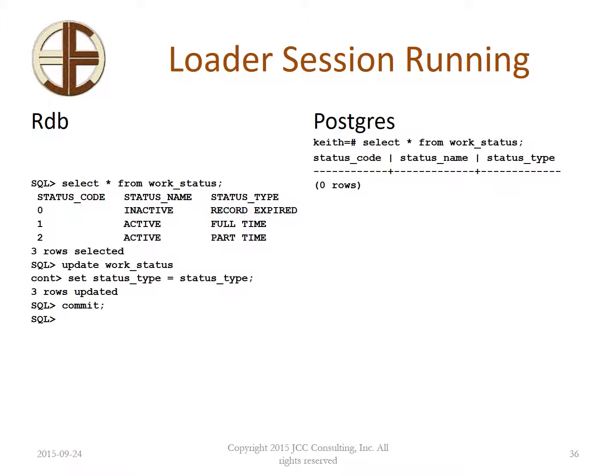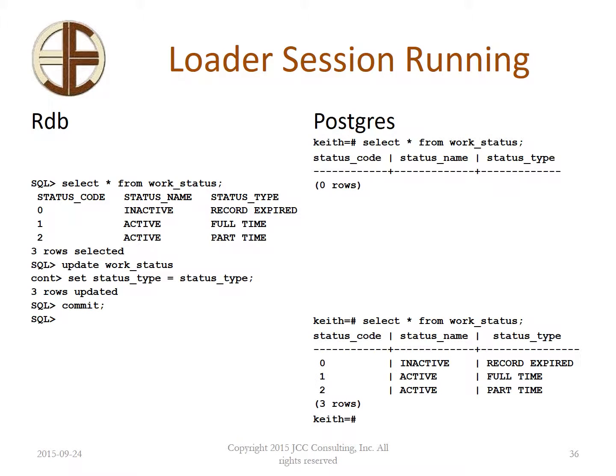As soon as the transaction is committed, the RDB LogMiner extracts the committed data from the after-image journal, outputs it to the mailbox, the loader reads it, and applies it to the target. So within a very short time, I have the data in the target.